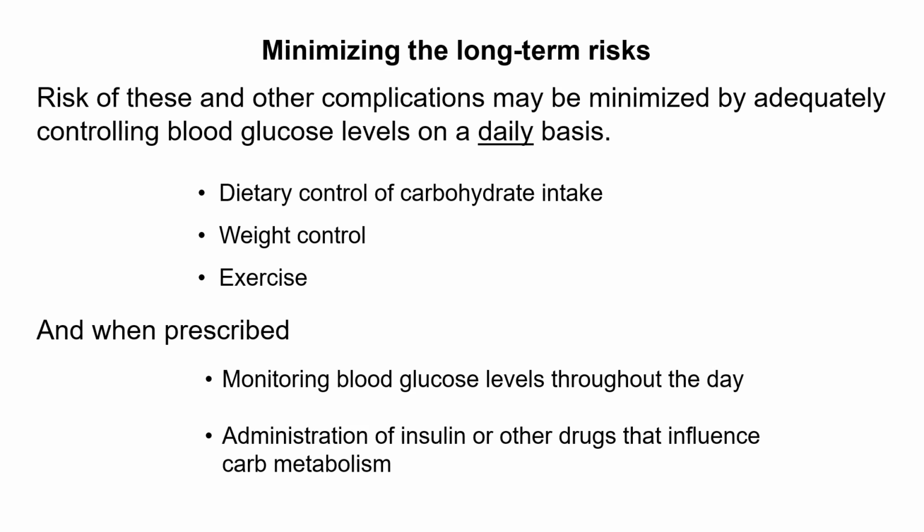And so you have to do the work of your pancreas, or some of the work of your pancreas, where you think about the carbohydrate that's coming in across your GI tract. And depending on what type of diabetes you have, you may or may not need to administer the proper amount of insulin to control for that. Managing your weight and regular exercise are also key tools in managing one's blood glucose level on a daily basis.